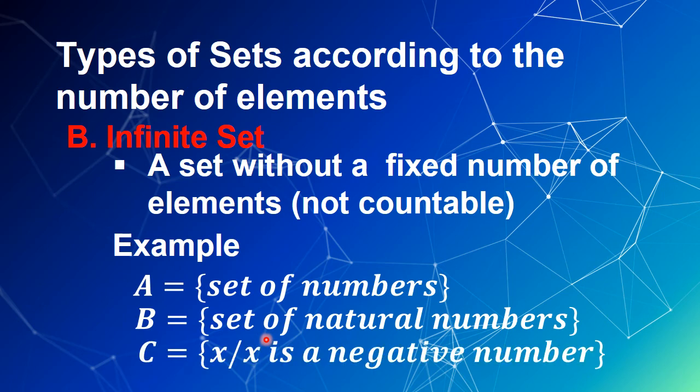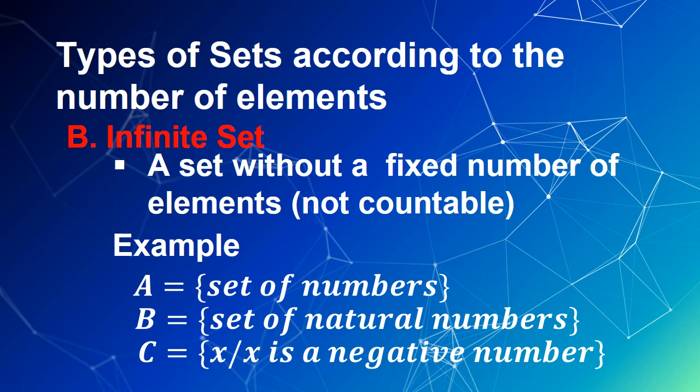And we have x such that x is a negative number. The biggest negative number is, I think, between negative 1 and 0. So you cannot count that also, and all the numbers less than that. So that is not countable. Therefore, this one is an infinite set.